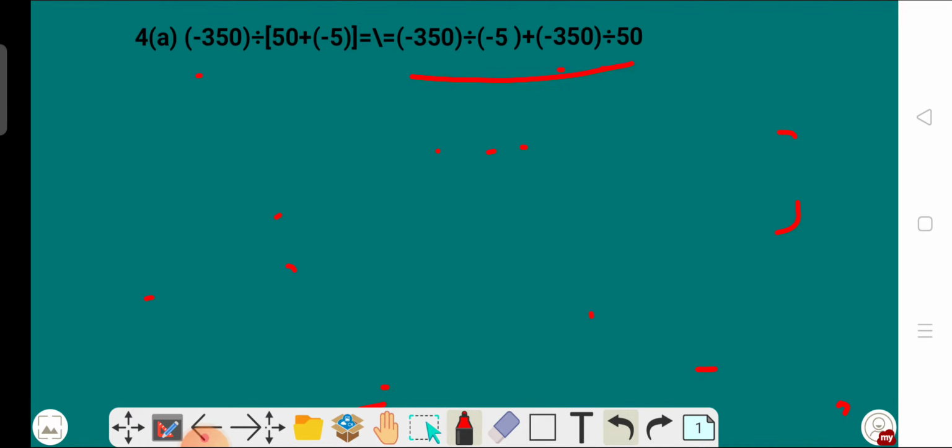This is our right hand side, and it is equal to minus of 350 divided by minus 5, plus minus of 350 divided by 50.